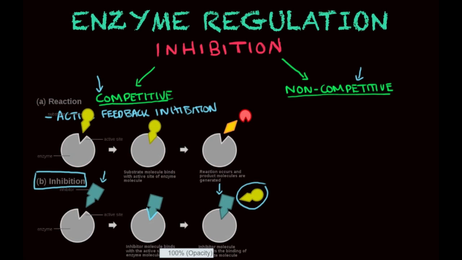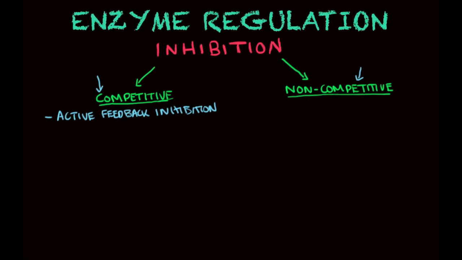So the product will compete for the active site and bind to it and prevent other reactants, other substrates, from binding to it and proceeding with the reaction. So this is a form of competitive inhibition known as active feedback inhibition.